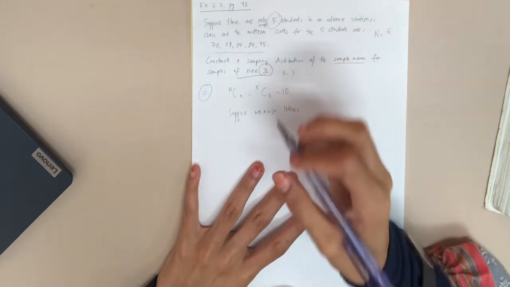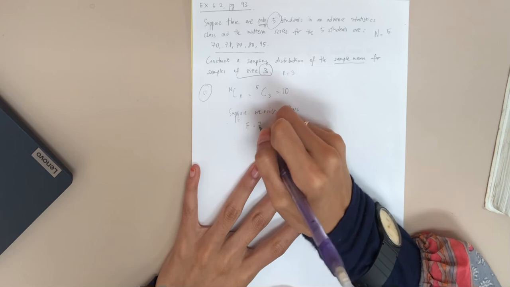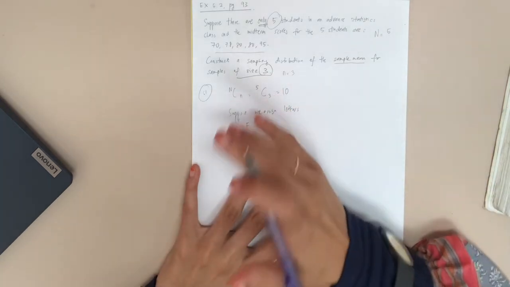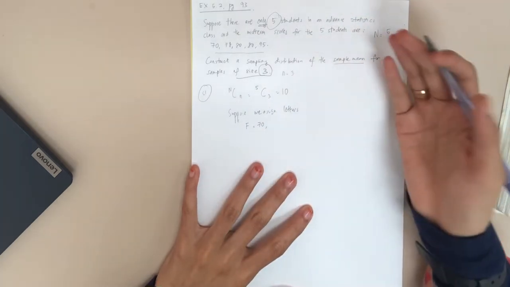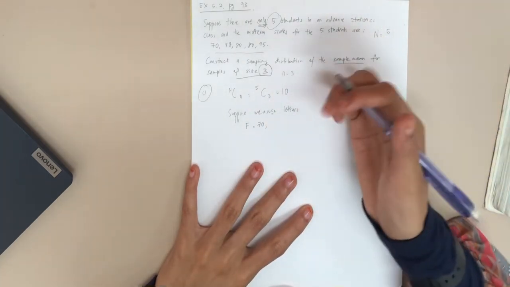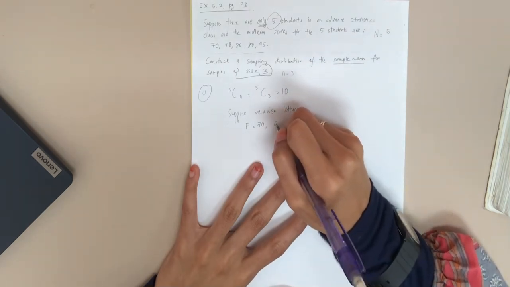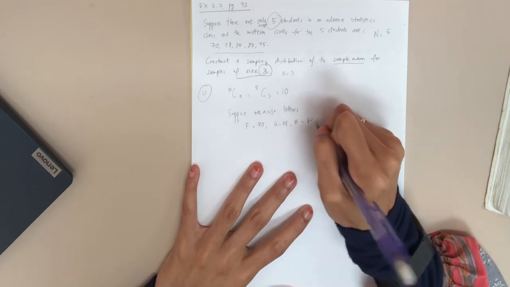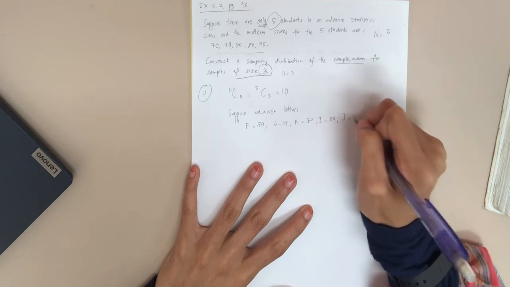So I will let F equal 70. Actually, it doesn't matter which alphabet you use. You can use A, B, C, D, or even start with Z, Y, S. It's okay, no problem. Let's say I like F: F is 70, G is 78, H is 80, I equals 80, and the last one, J, is 95.